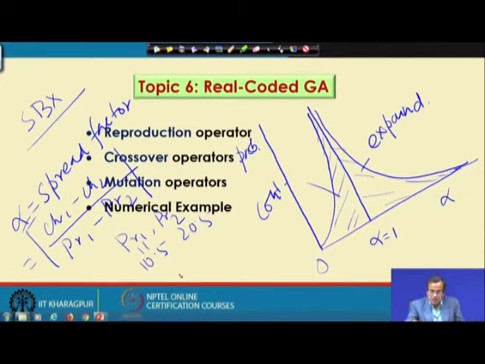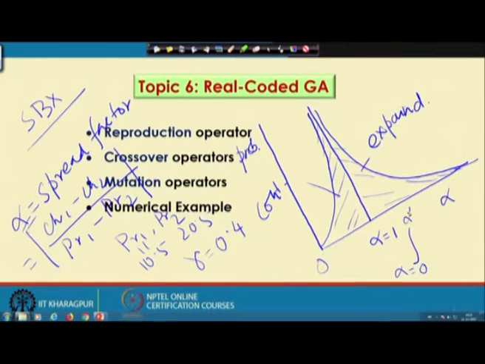We generate a random number lying between 0 and 1, and that random number indicates the area under this curve. Supposing it is in the contracting zone, and the random number r is found to be 0.4, we integrate alpha from 0 to alpha prime of the contracting zone function C(alpha) d alpha.